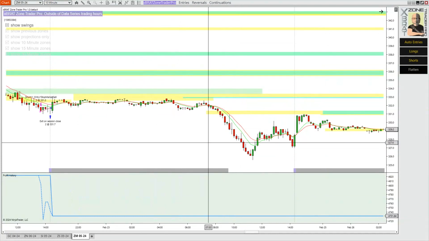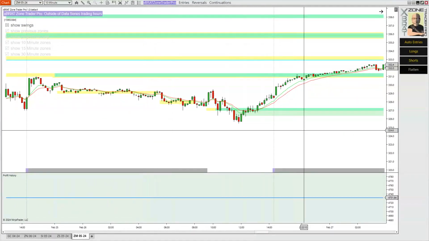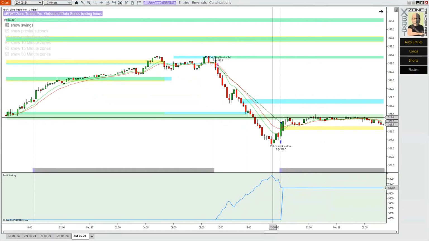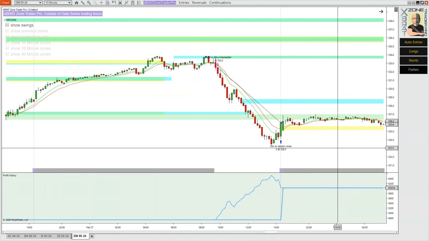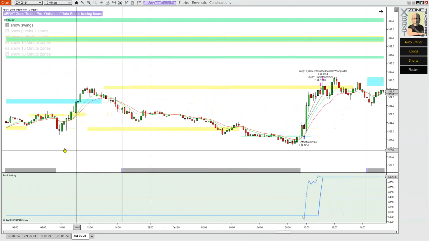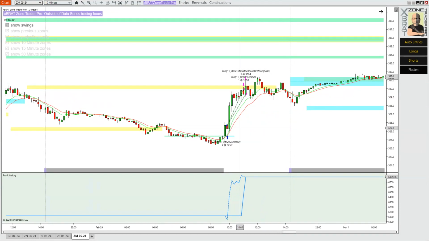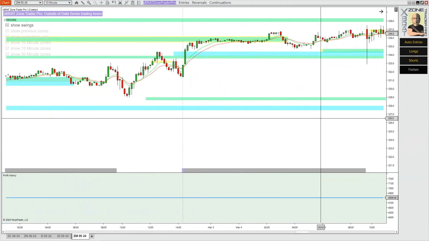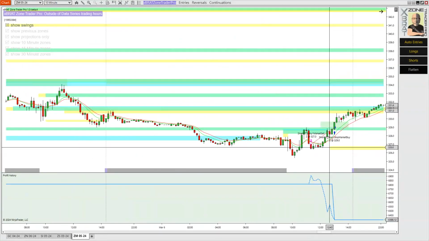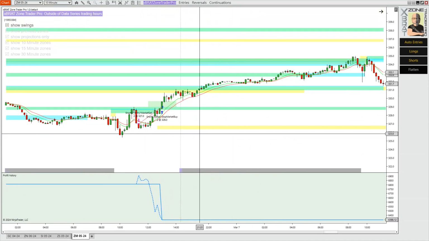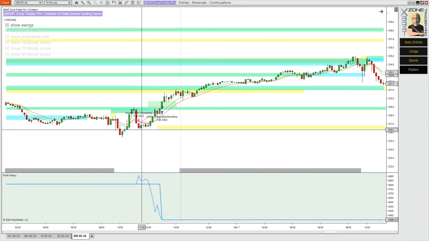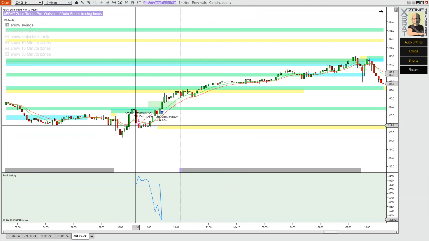Okay, just have to pause a second. Let's just move forward. Great winner there, all the way into the close. Really good. Another good winner. I think we are as optimized as we're going to get. This was a loser.